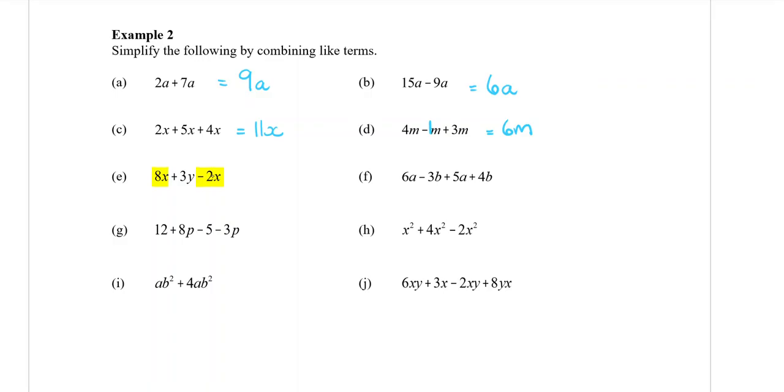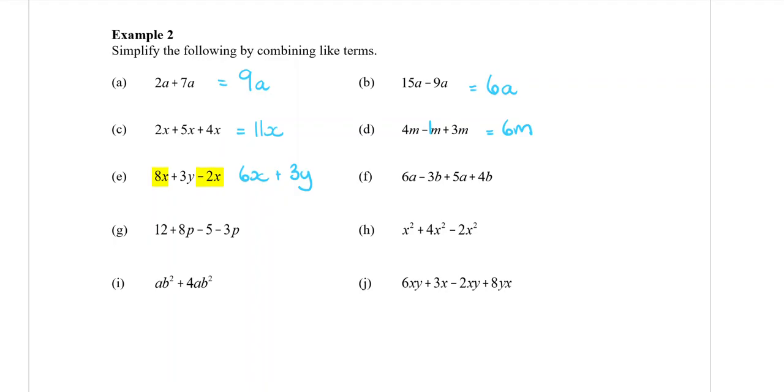So this 2x, for example, I've highlighted the minus sign because that tells me that I need to subtract it from the 8. 8 take away 2 makes 6 x's. And then the positive 3y there, because it's different, it will just have to sit as a separate term at the end. Let's try F.